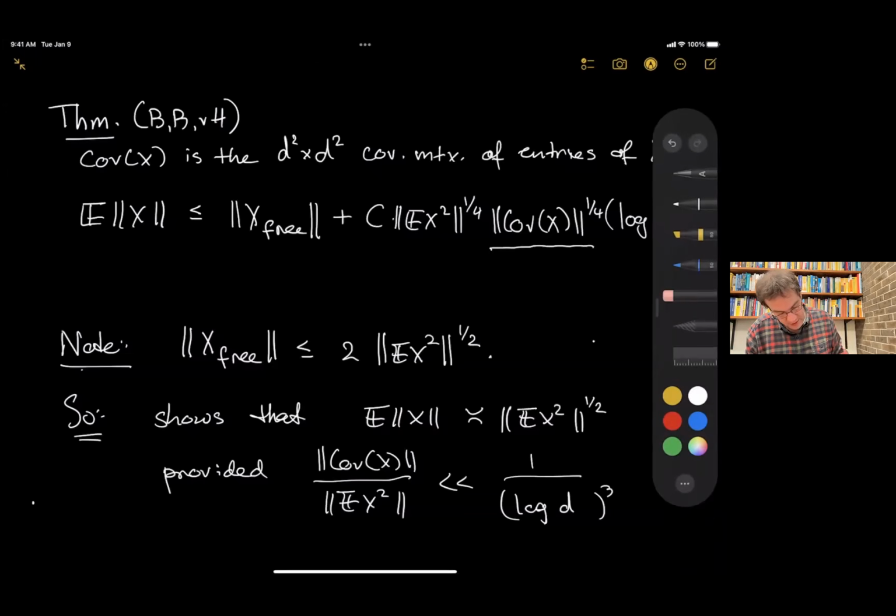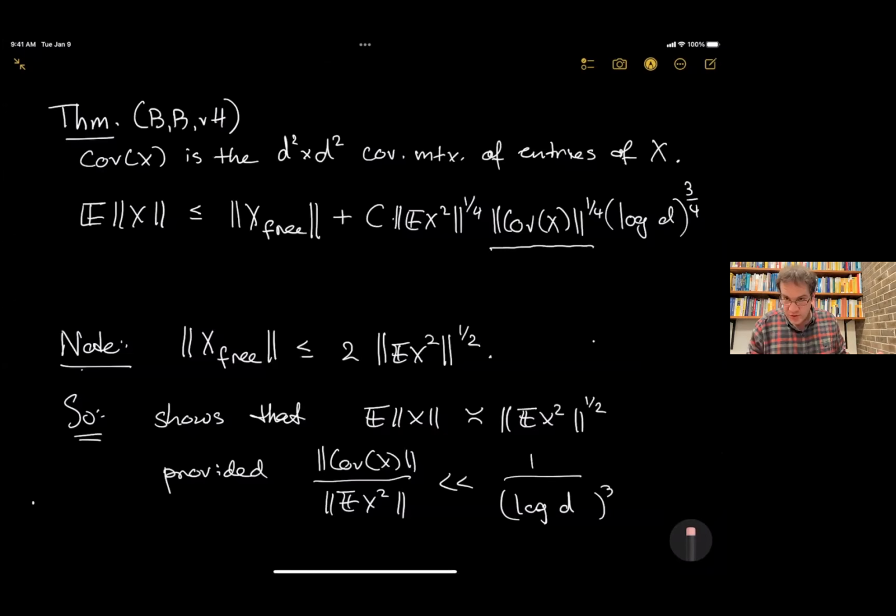But this shows that there is this other parameter, which is the norm of the covariance matrix of X, which controls how close the random matrix X is to behaving like its Platonic ideal. And as soon as you have this very weak condition over here, then basically the classical random matrix type behavior enters the picture.